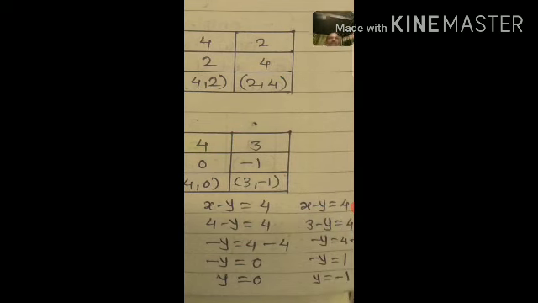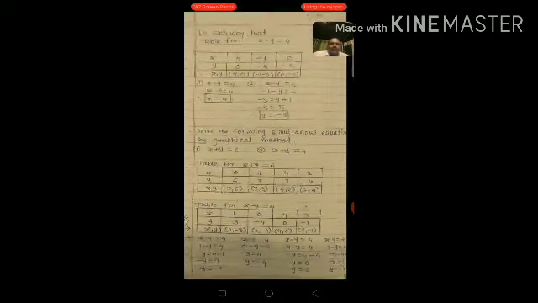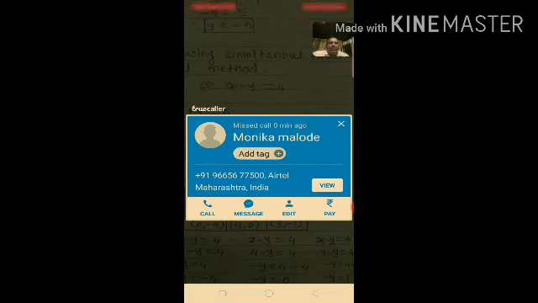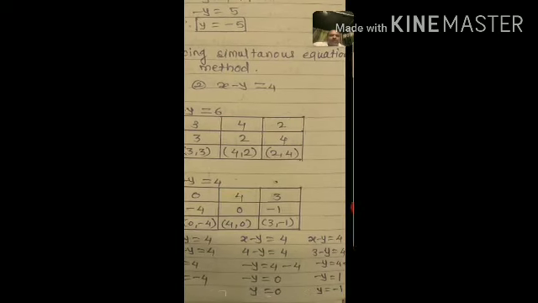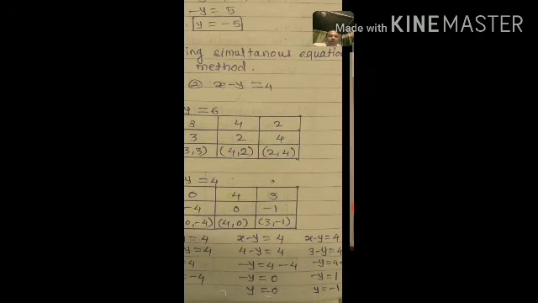Then in the last, means the fourth coordinate, is found out. In this way, x is equal to 3 is added in the given equation x minus y is equal to 4. Therefore 3 minus y is equal to 4, minus y is equal to 4 minus 3, and minus y is equal to 1.